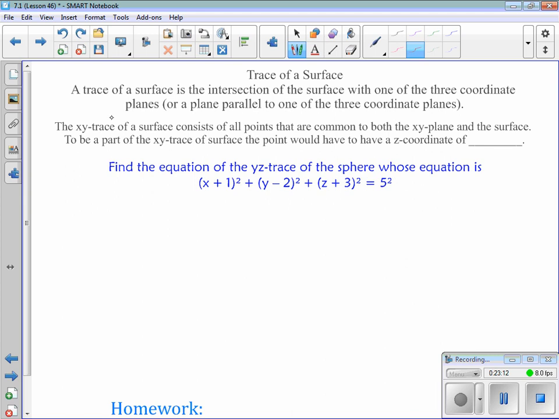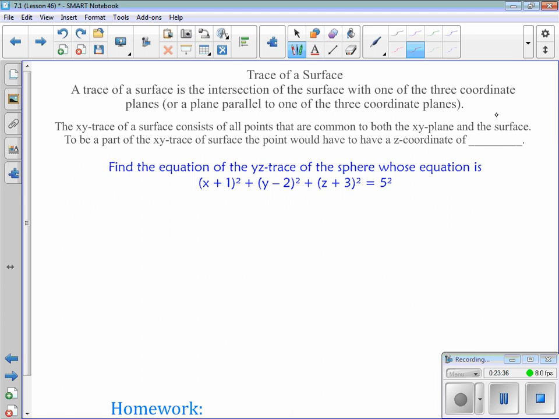So the xy trace of a surface consists of all points that are common to both the xy plane and the surface. So if we think about trying to find when something intersects the x and y surface, what is the z value when it's hitting the xy plane? 0. So all you have to do is plug 0 in for z, and then solve, and you're done.